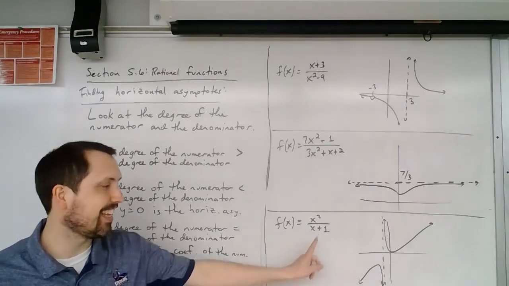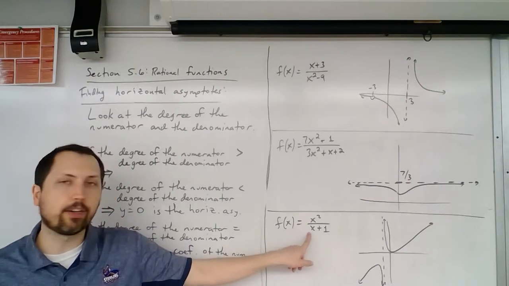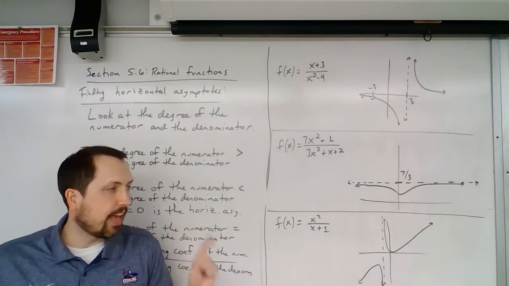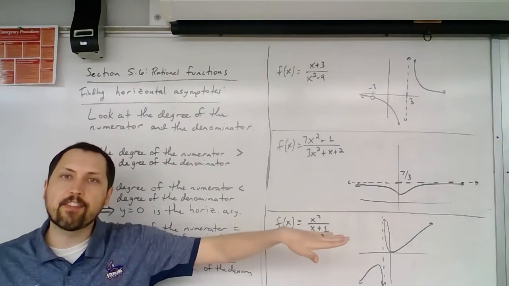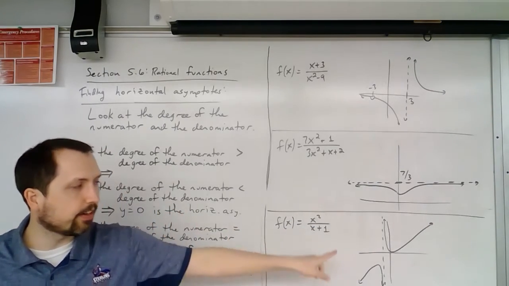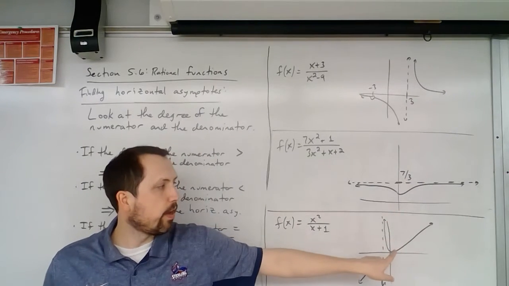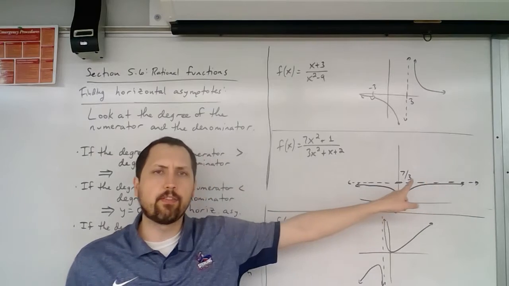Now this last instance here, the degree of the numerator is larger than the degree of the denominator, so the top's taking over. To have a horizontal asymptote, our function has to be approaching a finite number as x goes to infinity or negative infinity. Here, this looks more like what the polynomials do that we saw. When x goes to infinity, it seems to be going up and up and up. It doesn't seem to be approaching a finite number.